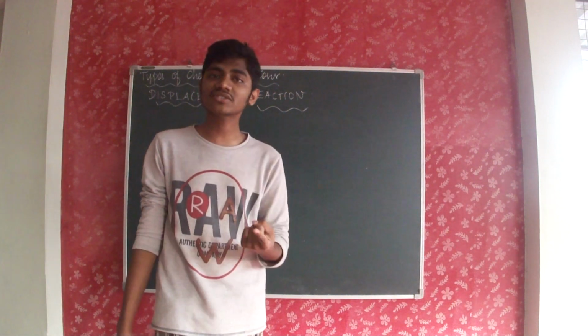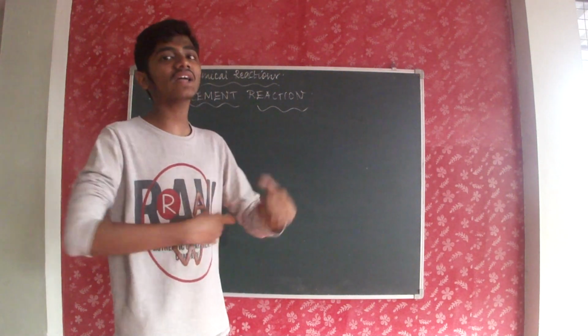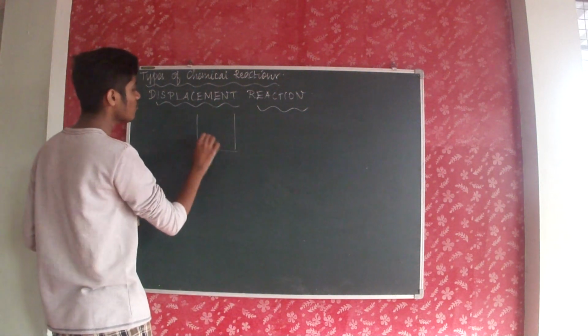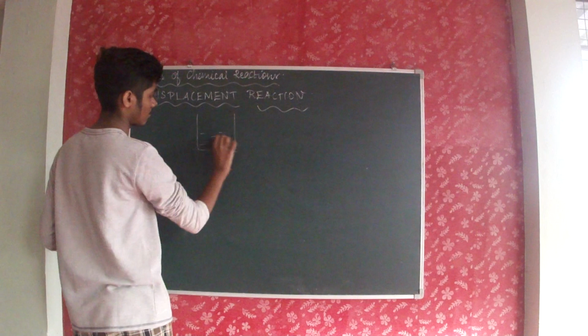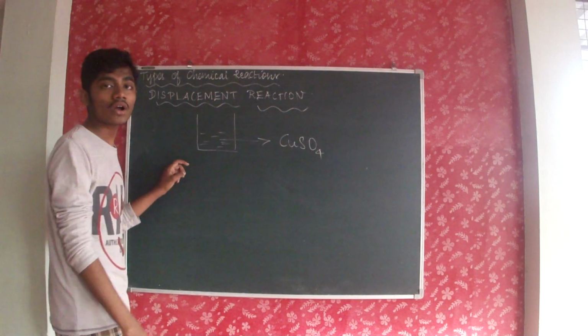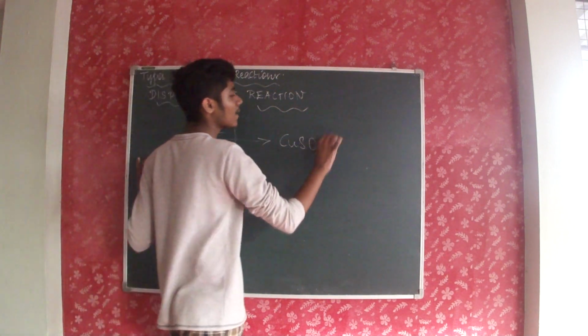I told you that you must be strong. So we can put it in other words: we must be more reactive than the metal which is sitting in that place. For example, you are taking a solution of copper sulfate.